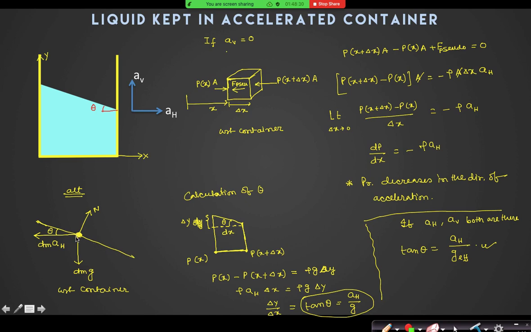So can I make the shear force 0? If I make the shear force 0, what equation will I write? Shear force means parallel to the surface. Can I say dm ah cos theta equals dm g sin theta? Yes, sir. So from there also you can easily calculate that tan theta is equal to a by g.